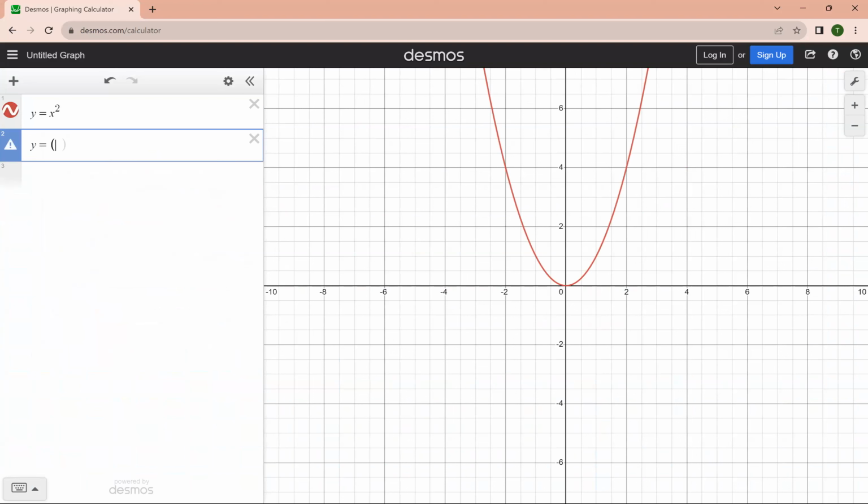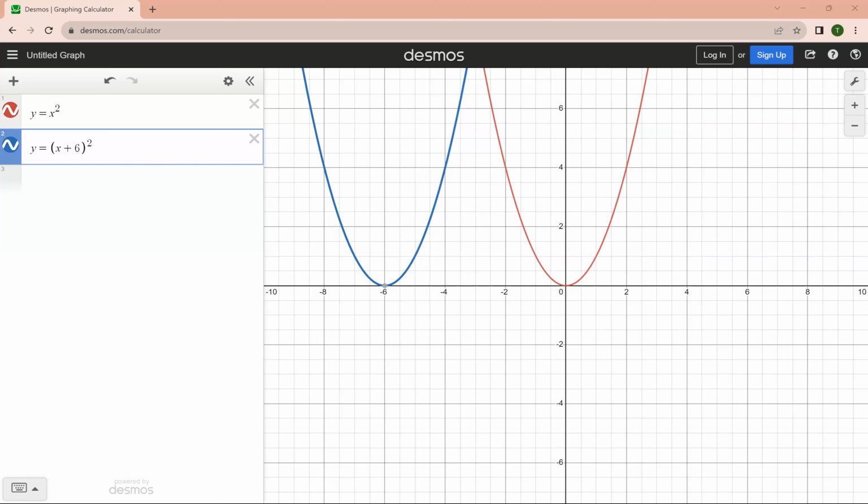And then you're like, all right, well, what is (x plus 6) squared? What does that do? What happened to go from the red to the blue? What do you see there? It went left 6. It went left. And why is it left? Well, it's because it's plus 6. So minus 6 would go to the right. Okay, so your first transformation there is that it went left 6.